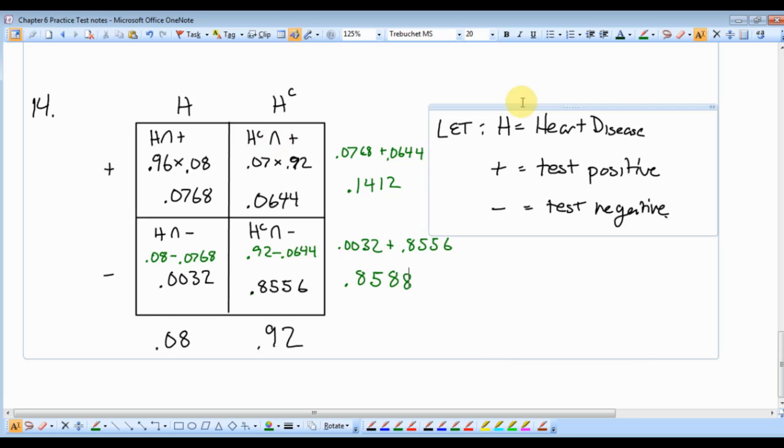Here, H equals heart disease, plus means the test is positive, and negative means the test is negative. The probability of heart disease is 0.08. If we know the probability of heart disease is 0.08, the probability of not having heart disease is 0.92.